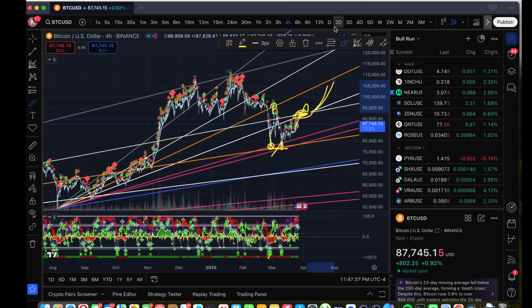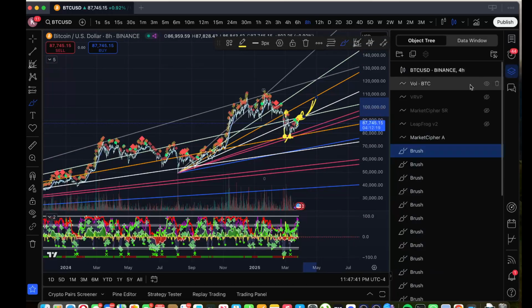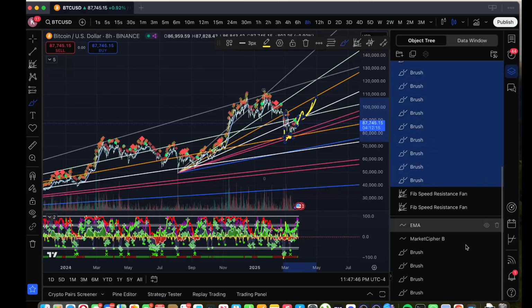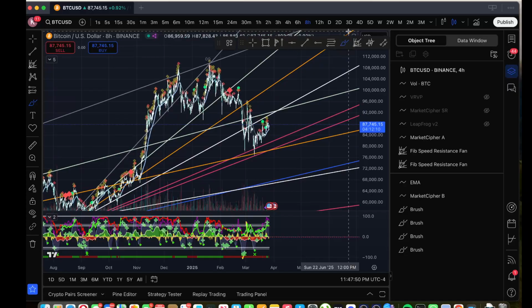So yeah, that's just a quick recap again on these resistance fans, and then let me show you guys one last thing as well. Depending on how messy you're okay with having your screen, I know a lot of people say don't have your screen cluttered.